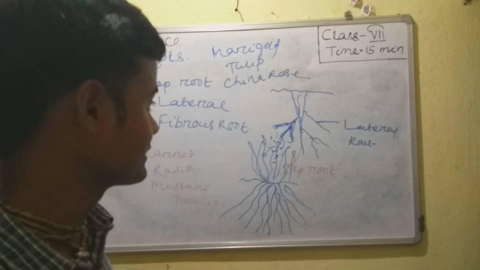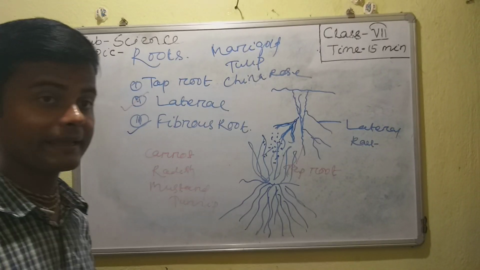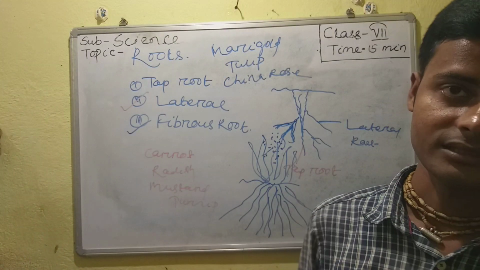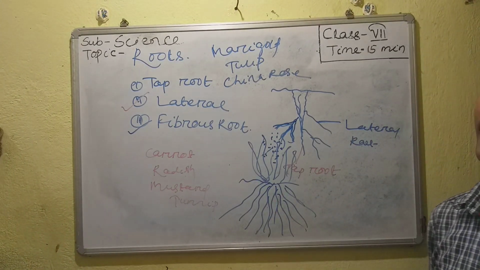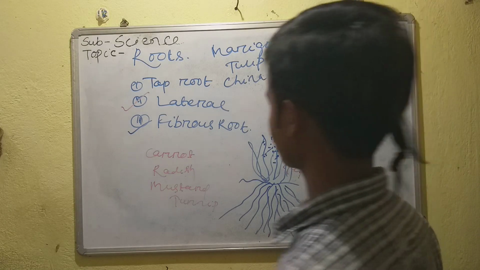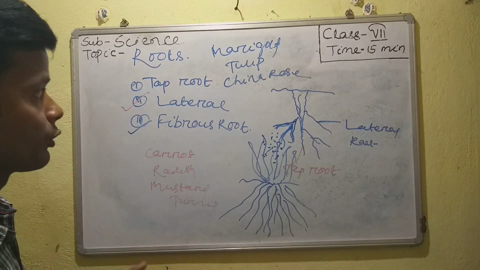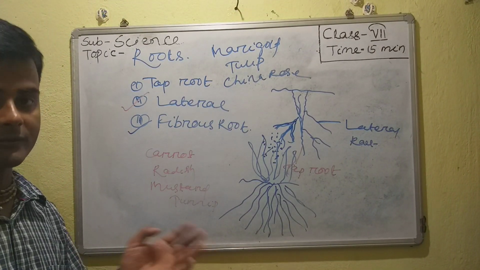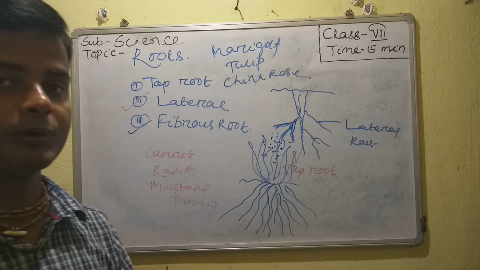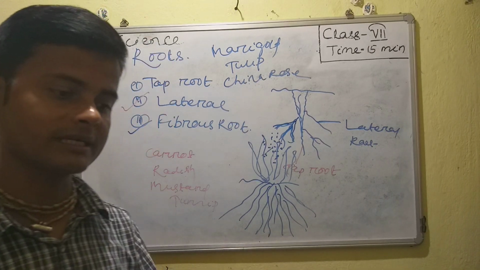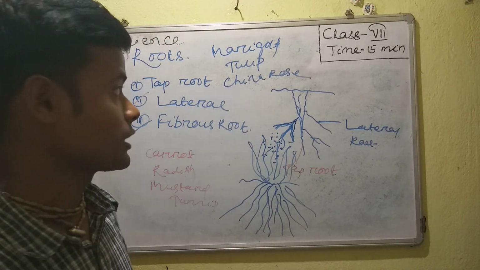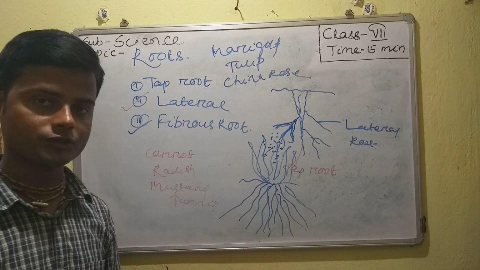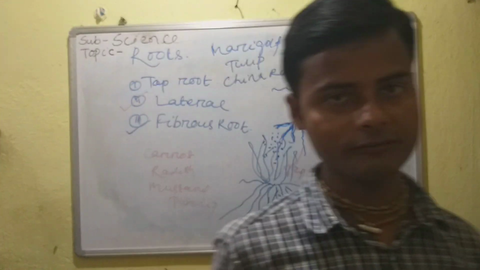And adventitious roots develop from any non-root part of the plant and it becomes another plant. If you cut the stem of some plants, like marigold, tulip, China rose, it becomes a new plant. And in bryophyllum, if you put the leaf on the soil, it becomes a new plant. This is all about the roots, types of roots and function of the roots.